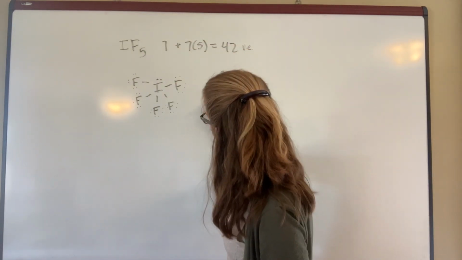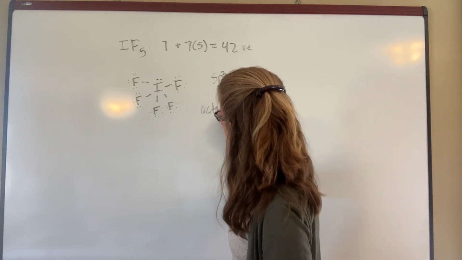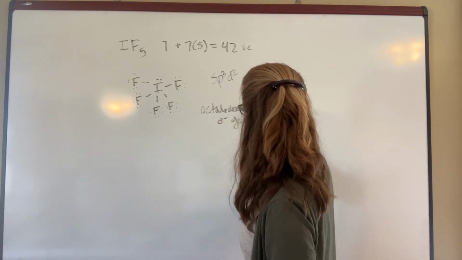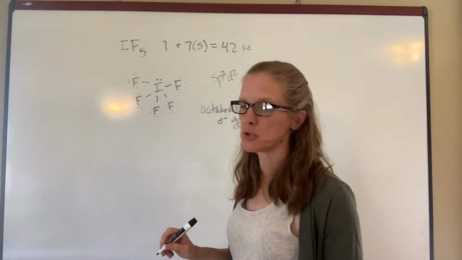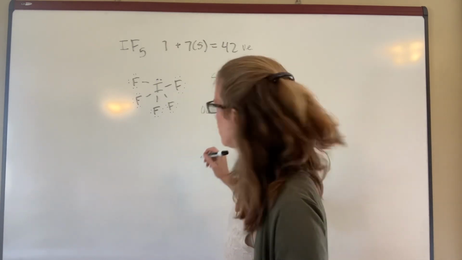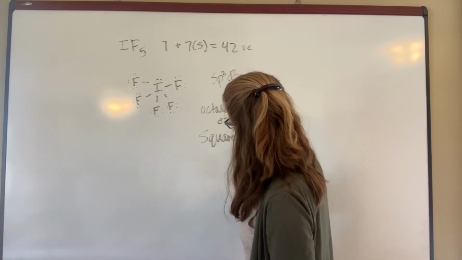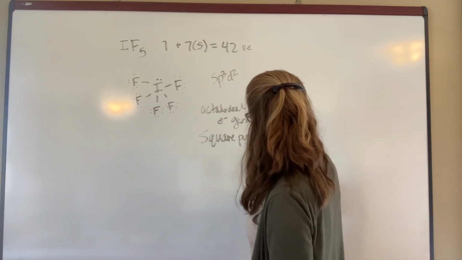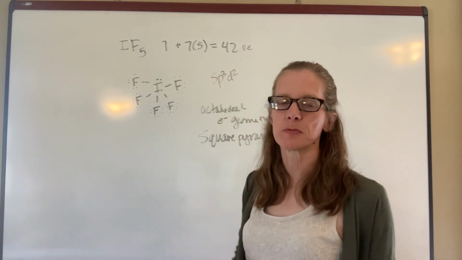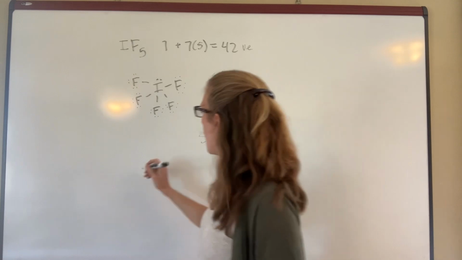Okay, so octahedral electron geometry, because it has 6 items around it. But molecular geometry for this is going to be, what did I say it was? Square pyramid molecular geometry, because it has one of those bonds missing. It has an electron pair there after all, or instead, okay?